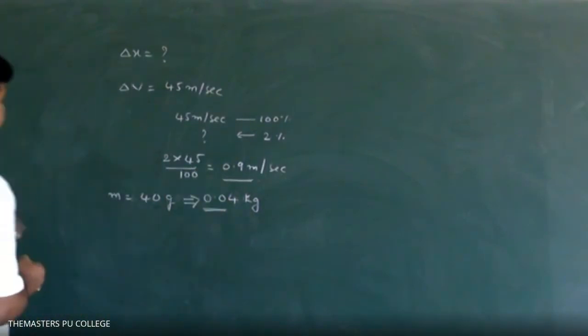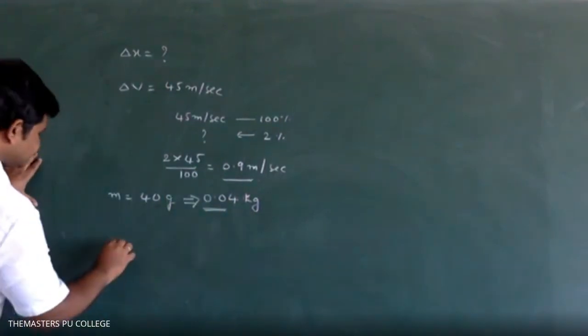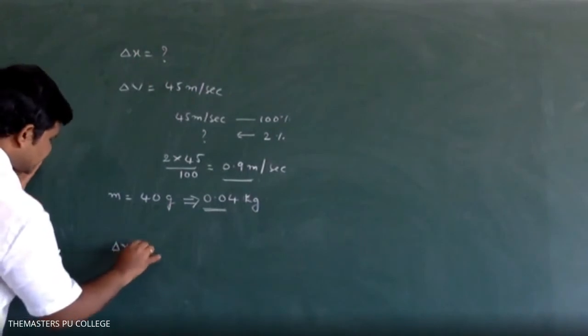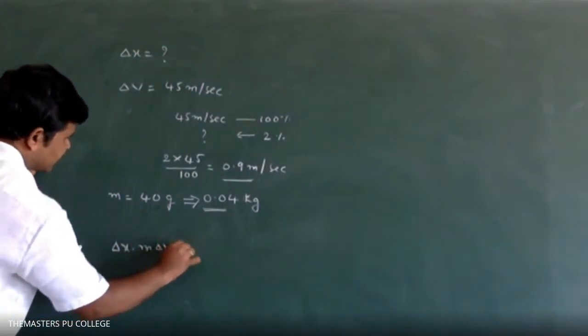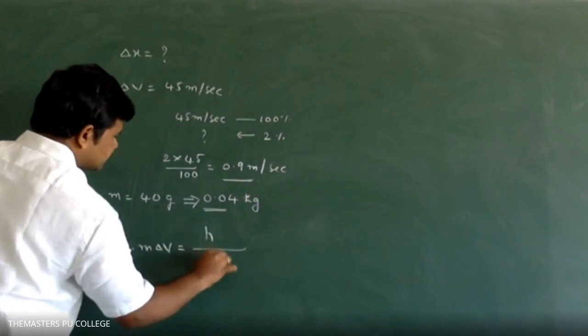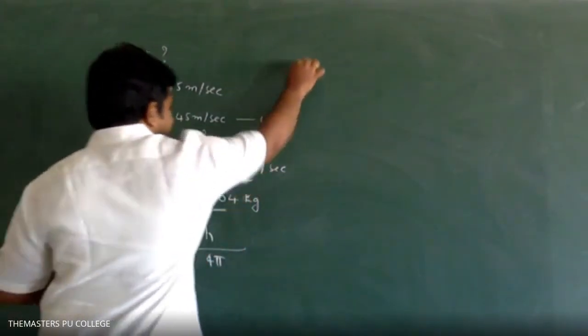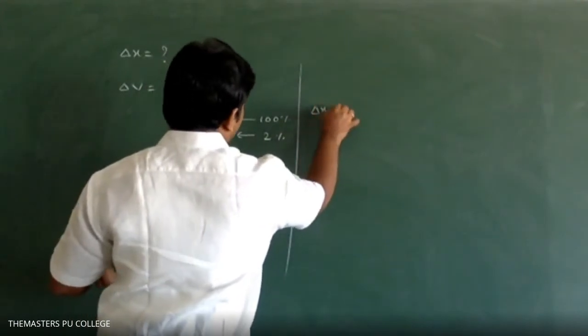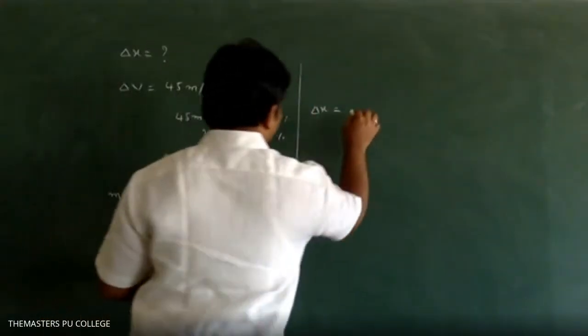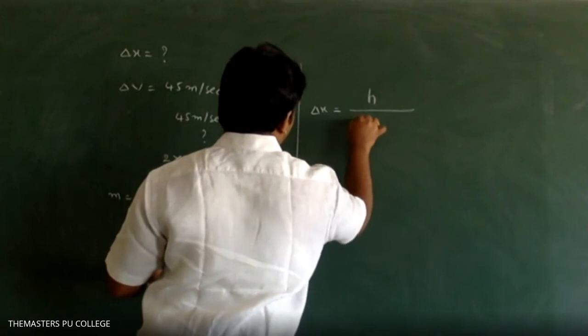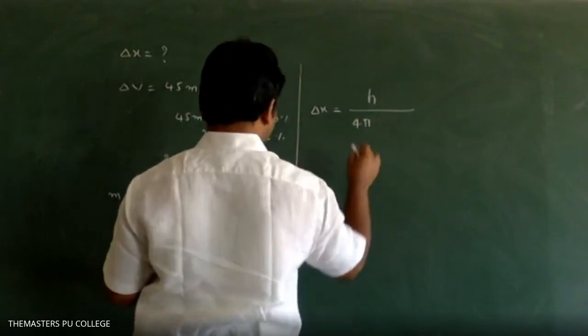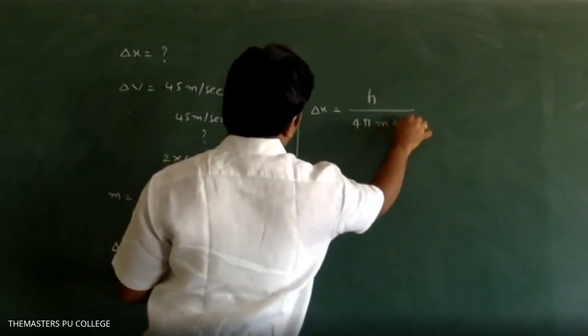Next, what is the formula? Delta x into m delta v is equal to h by 4 pi. Here we need delta x. Delta x is equal to h by 4 pi m delta v.